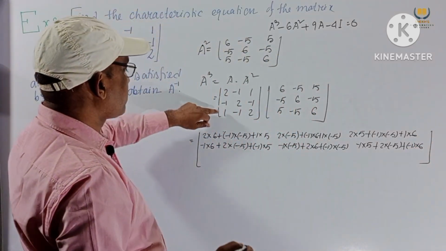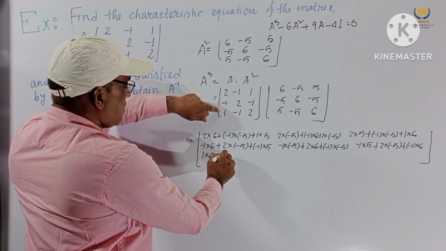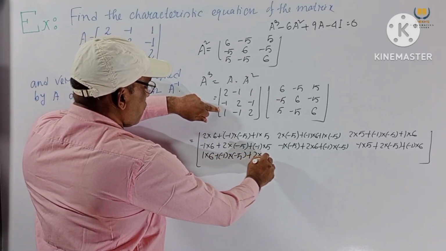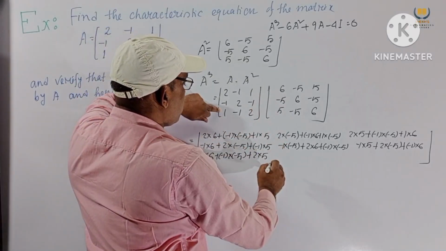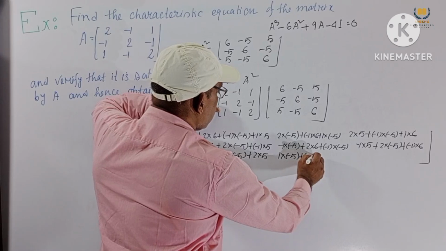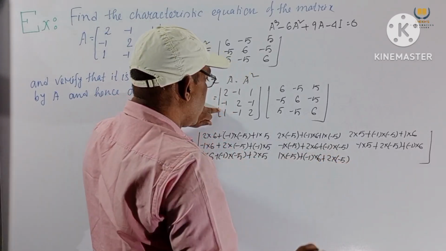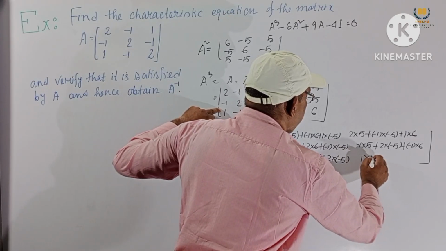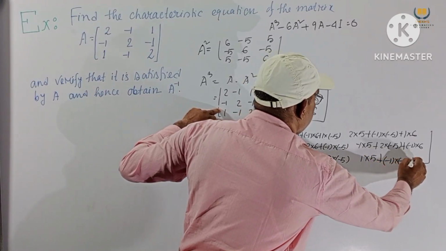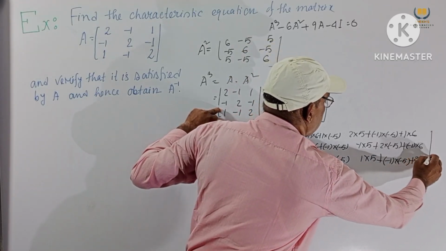We get this. Third row: 1 into 6, minus 1 into minus 5, 2 into 5. First column finished. 1 into minus 5, minus 1 into 6, 2 into minus 5. Again 1 into 5 plus minus 1 into minus 5 plus 2 into 6. We get this.